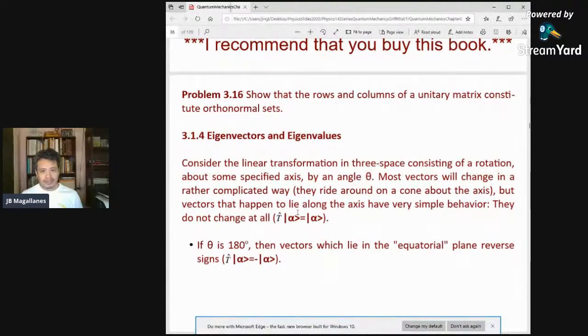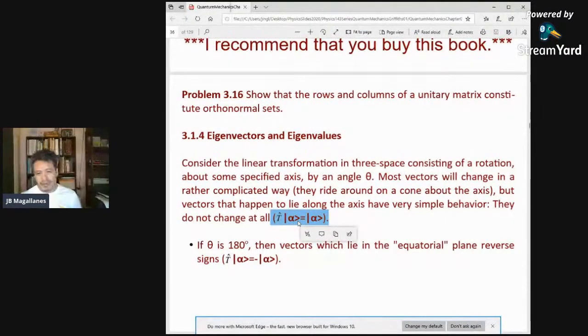These transformations have characteristics, and these characteristics are given by their eigenvectors and eigenvalues. So these transformations you can apply to a vector.